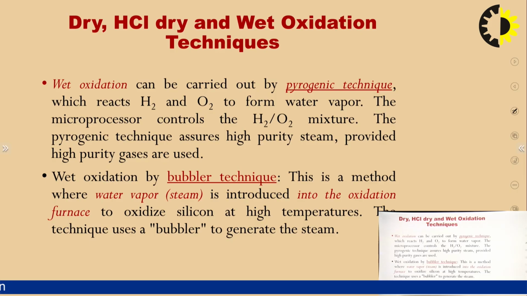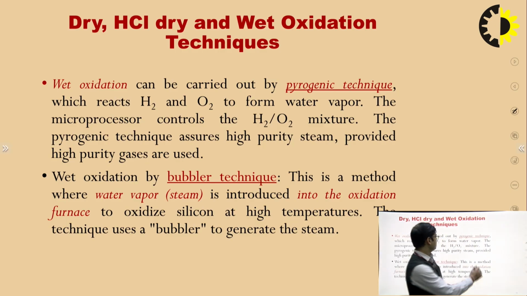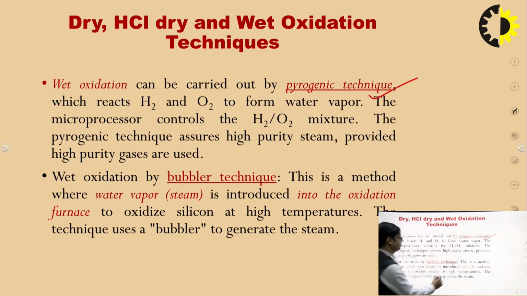Okay. Wet oxidation can be further divided into two types. Wet oxidation can take place either using the pyrogenic technique or the bubbler technique. There are two techniques by which wet oxidation can take place.